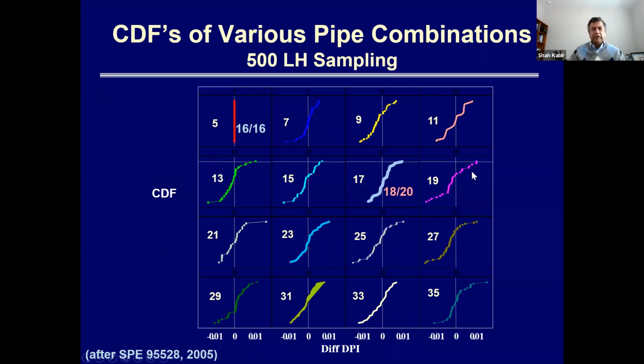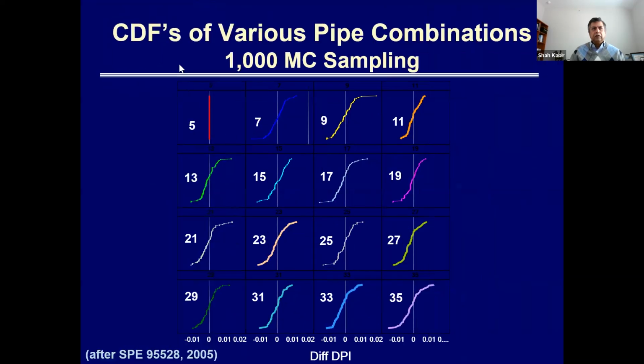Whereas if you go to Monte Carlo, it becomes random. It's not disciplined. It may gather samples in a cube in a very undisciplined way.